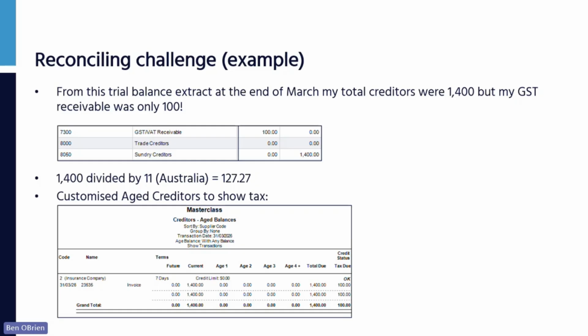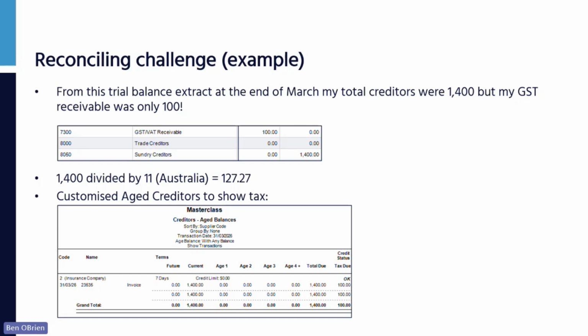From an Australian context, I would expect if something was attracting tax that I'd be seeing a receivable amount of 127.27, but I only see 100. So I've got something that doesn't quite make sense to me, and I want to reconcile it.